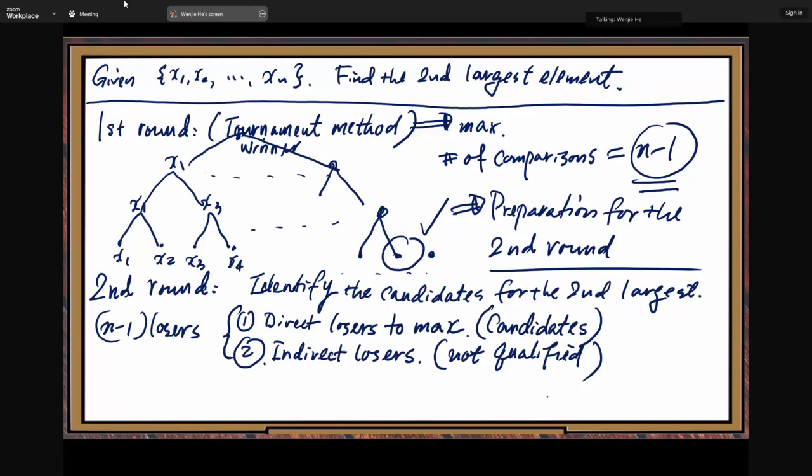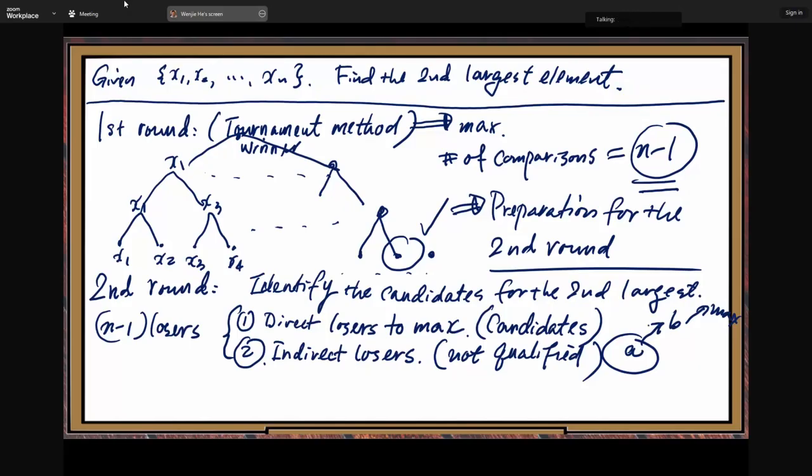Let's call this one A. A was beaten by B, but B is beaten by max. How can A be the second largest? Because B is higher than A. B has a chance to be the second largest, but A cannot.